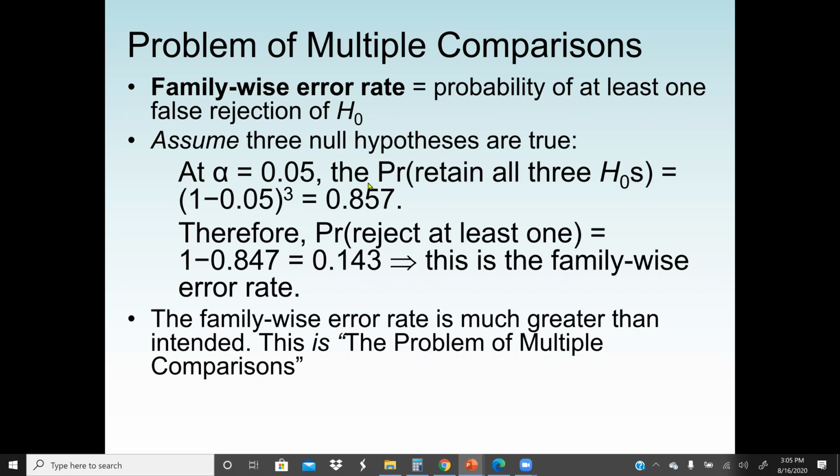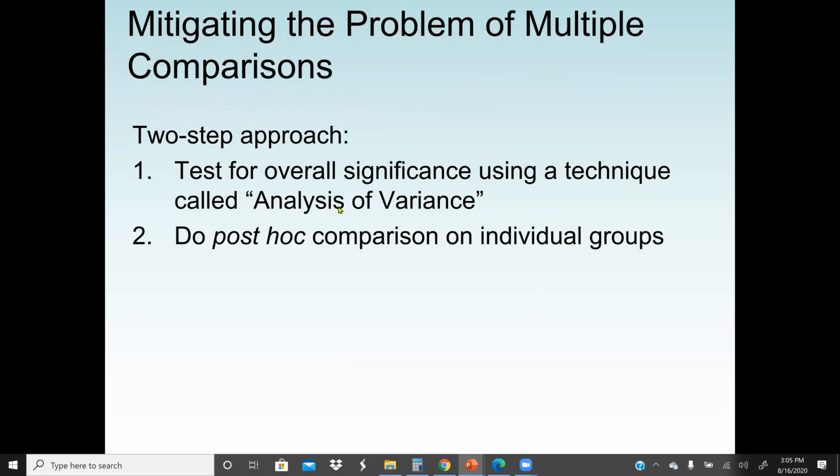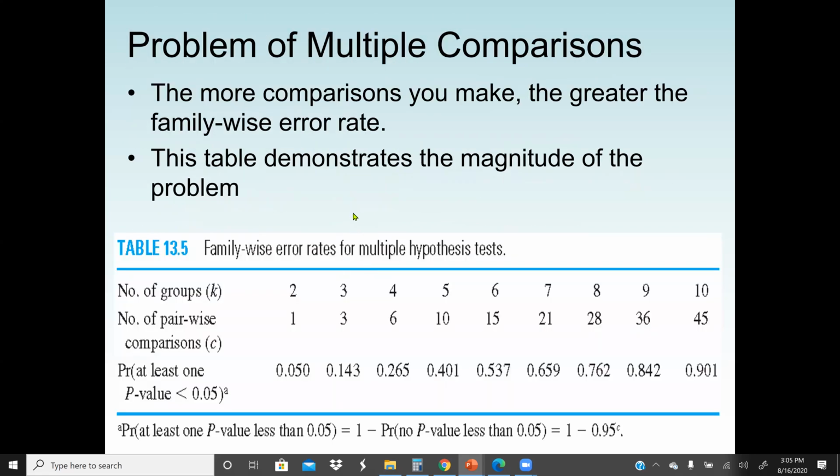So if it's lesser than 0.857, the probability of rejecting at least one will be higher, because we get 1 minus a lesser value. So that's the main concern we are saying here. The more comparisons you make, the greater the family-wise error rate.